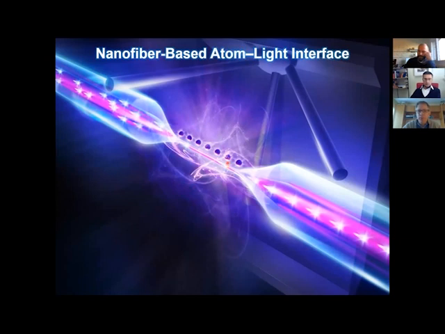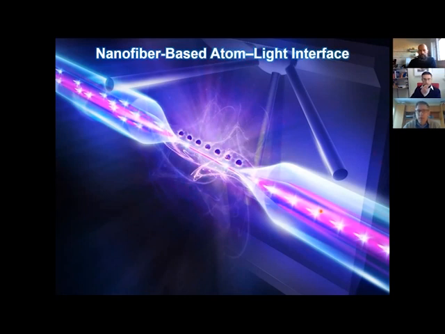And what we will see is that such a nanofiber-based atom light interface in the work I will be presenting here allows us to transform a flow of uncorrelated photons which come from a laser, where the arrival times of the photons are completely random, into such an ordered flow of photons where the photons are anti-correlated, or we can also transform it into a bunched stream of light where the photons are correlated.